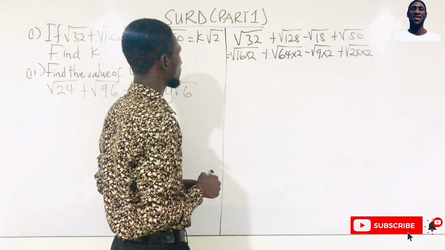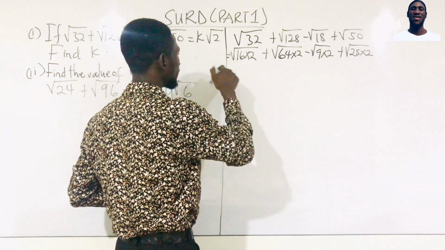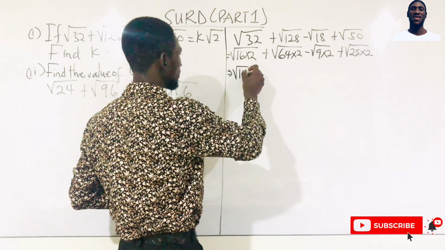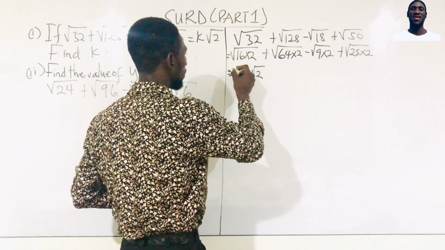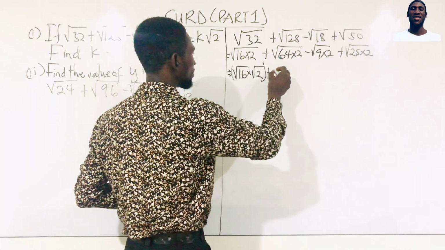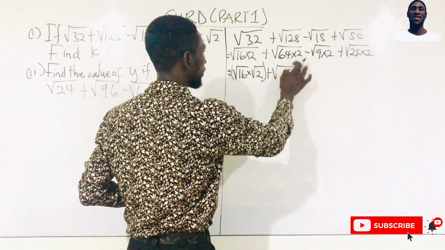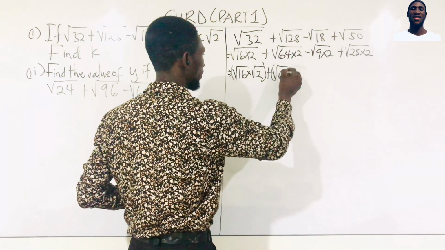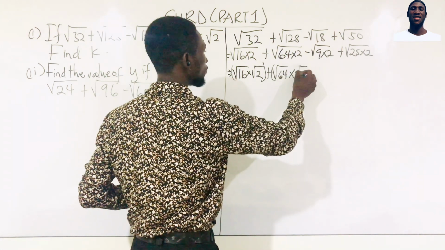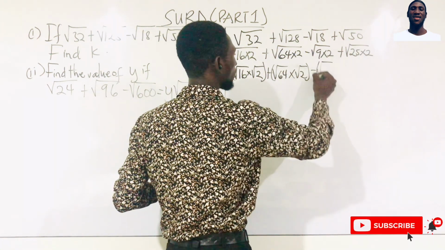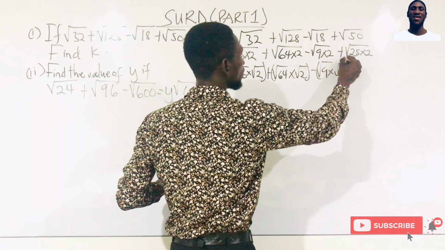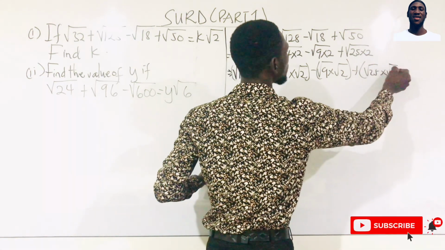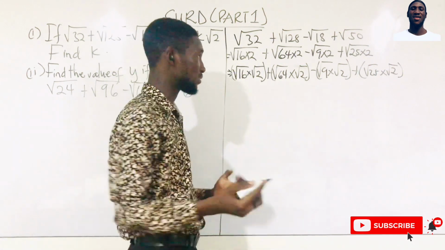Root of 16 times 2, or let's simplify this further. 16 times root 2, we can put this into brackets, plus, okay, let's put this also into brackets, 64 by root 2, 9 by root 2, plus into brackets, 25 by root 2. You can choose not to bring the bracket, it's fine.